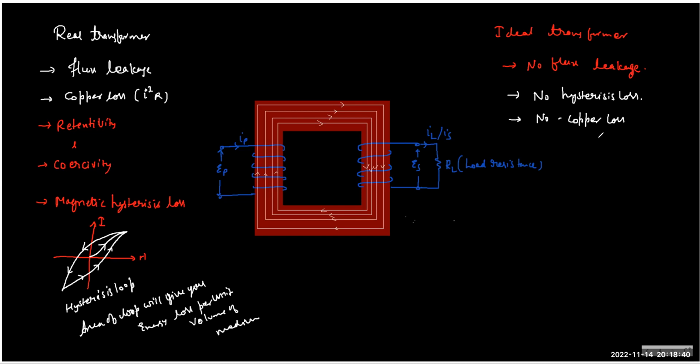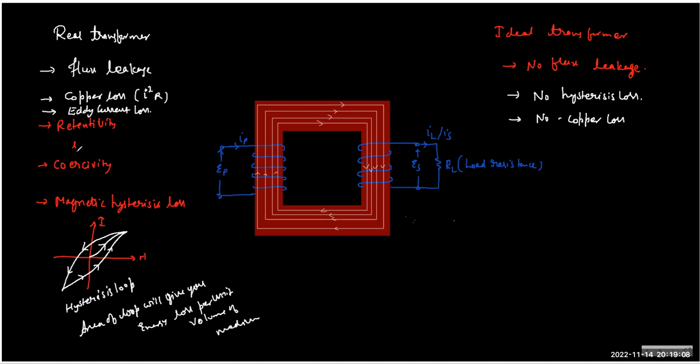And the last kind of loss which you need to know is called eddy current loss. As I said, here we have the iron core, and the iron core has some surface area because it's a metal.